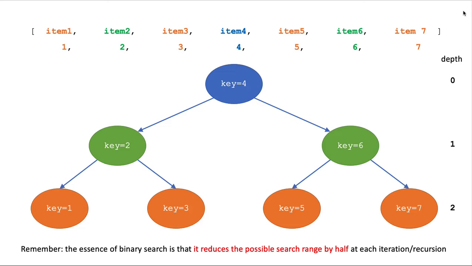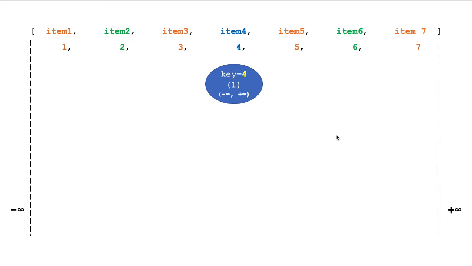Here's an example I would like to use to illustrate a binary search tree. Remember, the essence of binary search is that it reduces the possible search range by half at each iteration or recursion. The search begins with a range from negative infinity to positive infinity.